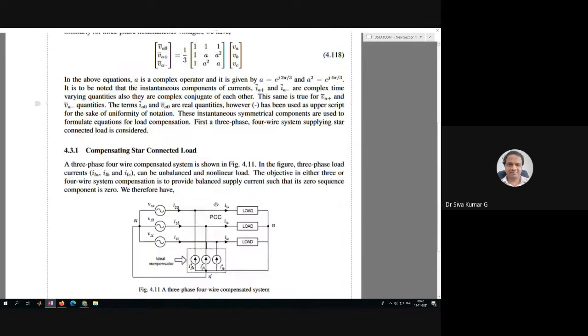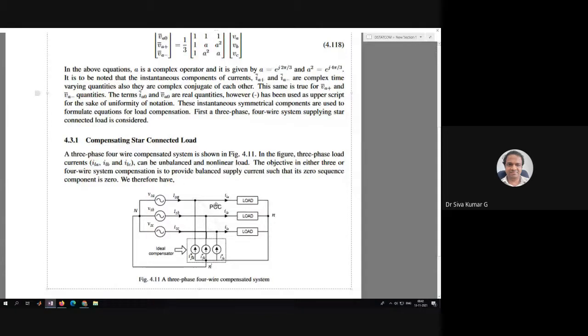For that, we are considering a three-phase, four-wire compensator system. For our studies, the loads are unbalanced and non-linear. We don't know exactly what kind of load it is, but we are considering it unbalanced and non-linear.